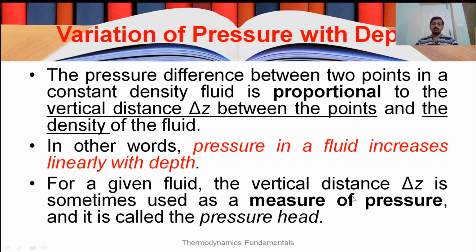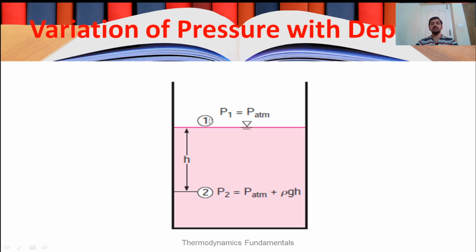So that height difference or the vertical distance delta z, I will show you the diagram, is sometimes used as a measure of pressure known as pressure head. You can see here a container, a jar containing a liquid which is open to the atmosphere at the top. At the top surface of the liquid, the atmospheric pressure is acting.